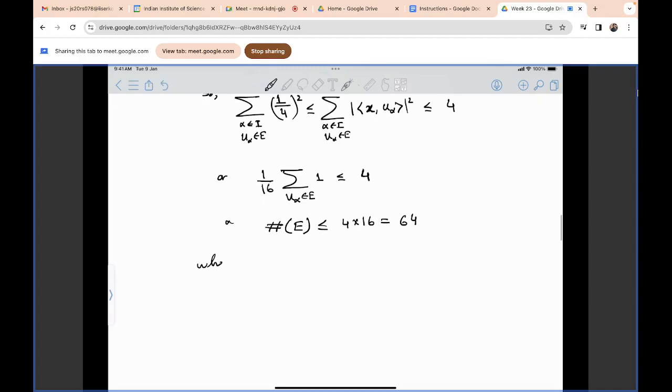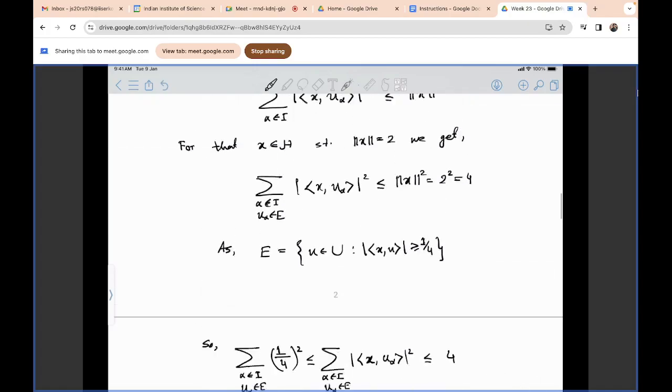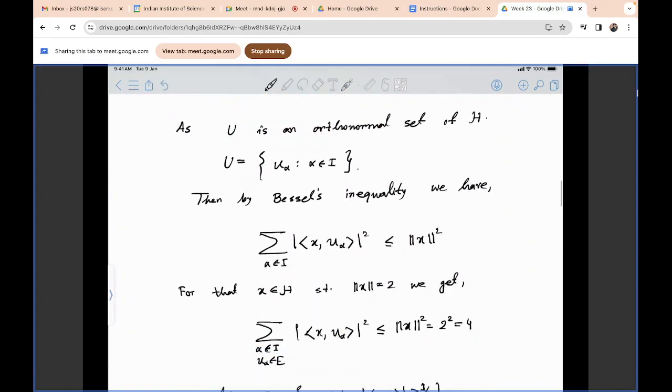Here the cardinality of E means the number of u belonging to U which lie in E. So we get that the cardinality of E is less than 64. So therefore the maximum number of elements in E is 64.